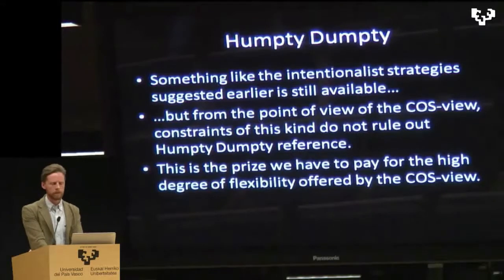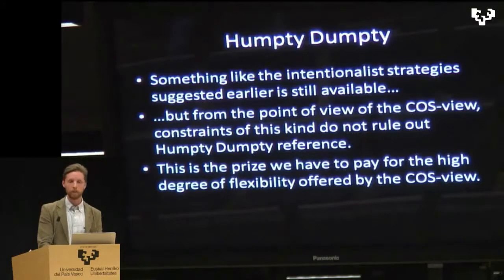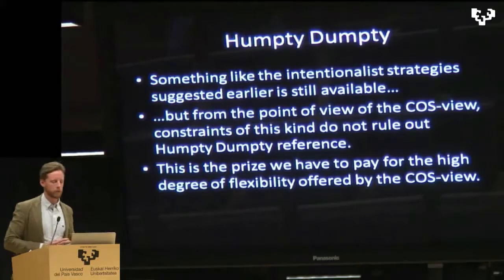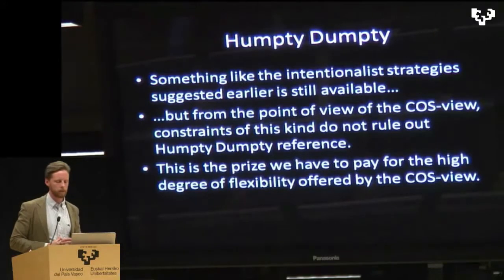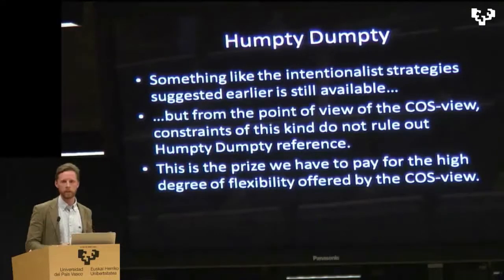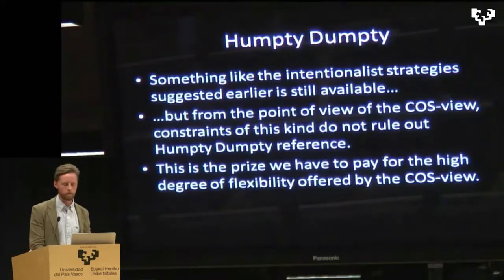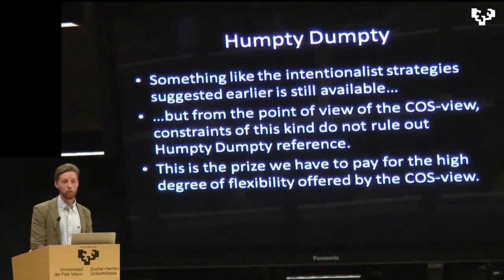But I think this is the price we'll have to pay for this high degree of flexibility. I haven't thought through this in any great detail, but at least my hunch is that it's not going to be possible to get a view which is as flexible as I want it to be without also allowing for the possibility of Humpty Dumpty cases, precisely because it allows for these uncooperative and egocentric speakers to express semantic contents.